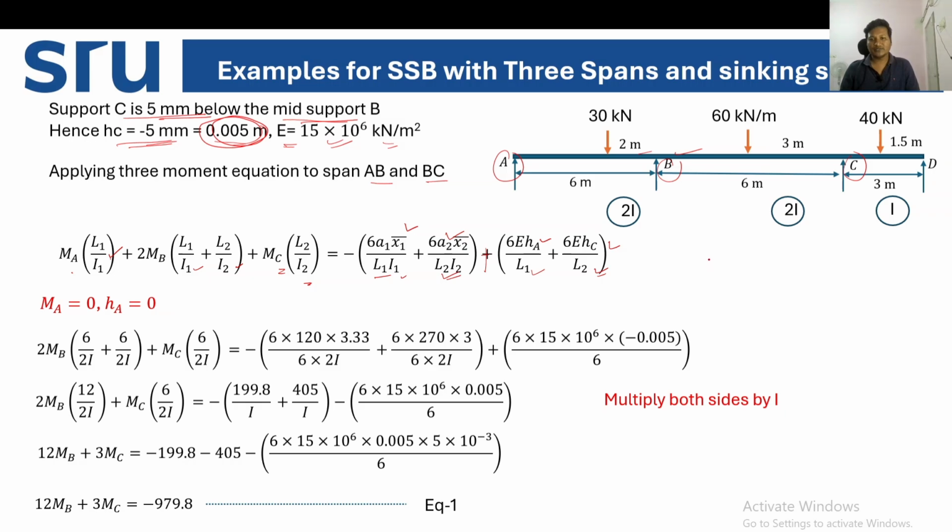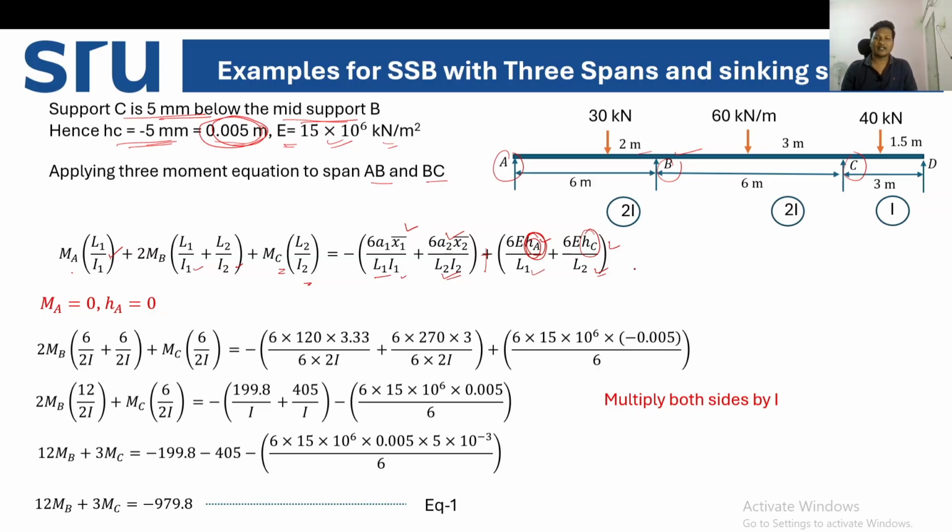What is this? HA is the height of the settlement at support A, and HC is the height of the settlement at support C. As we are writing for spans AB and BC, let us decide which terms will be zero.